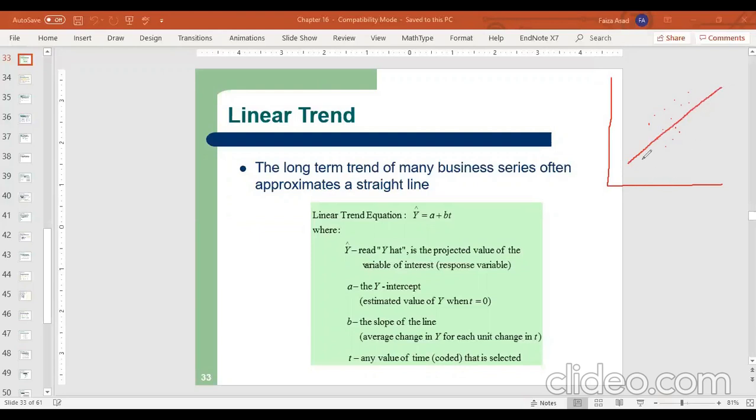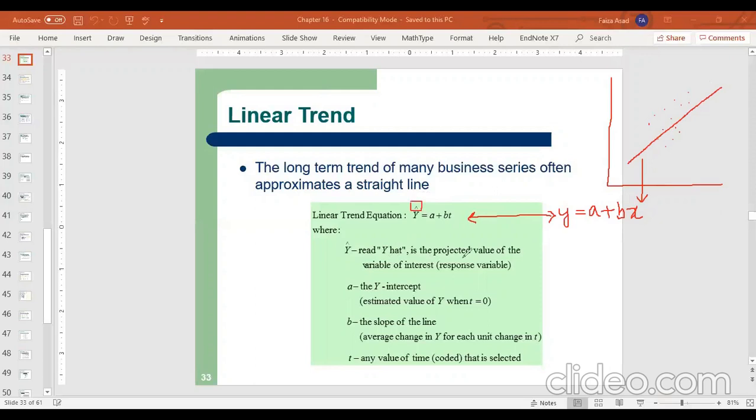This line has a particular equation, which is y is equal to a plus bx. You can see that the linear trend equation and the linear equation are almost similar except one difference, and that difference is this hat.